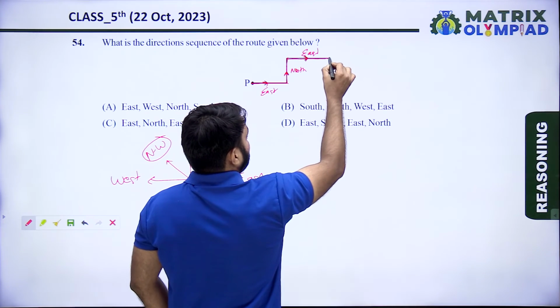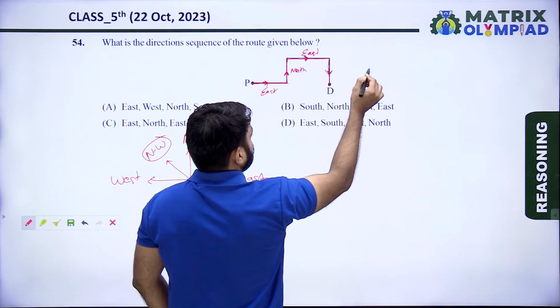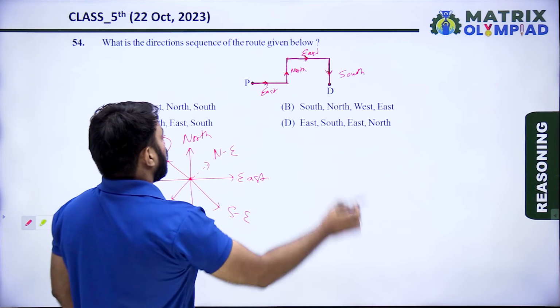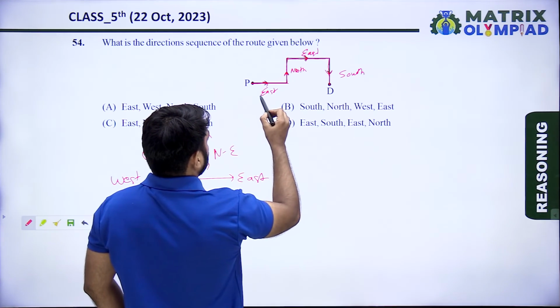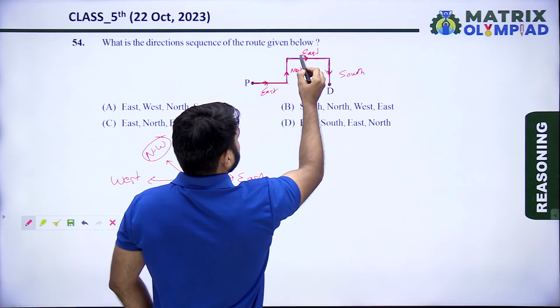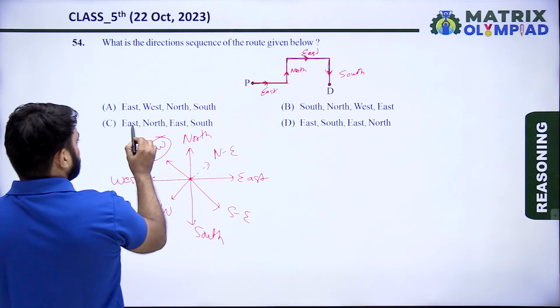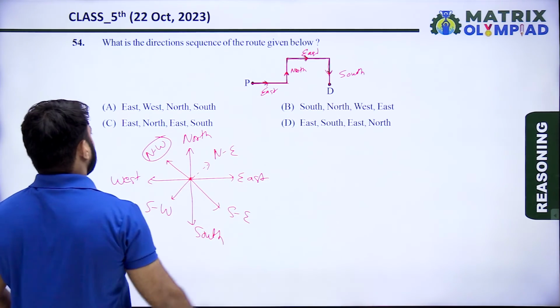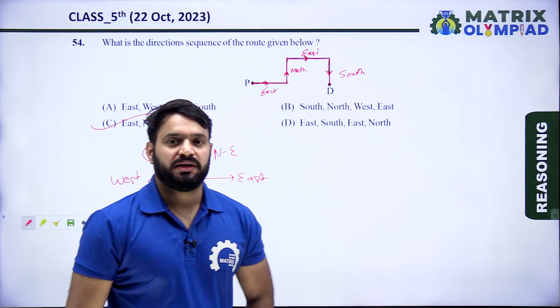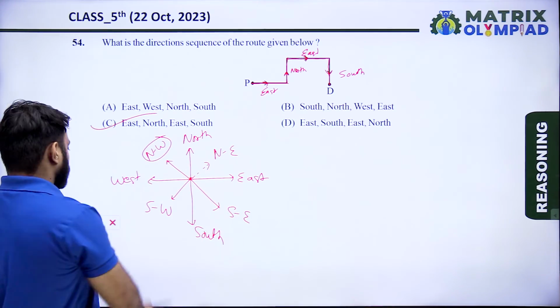And finally he goes to the south direction. So the direction sequence of the route is east, north, east, south. It means option C is the correct answer of this question. So let's move on to the next question.